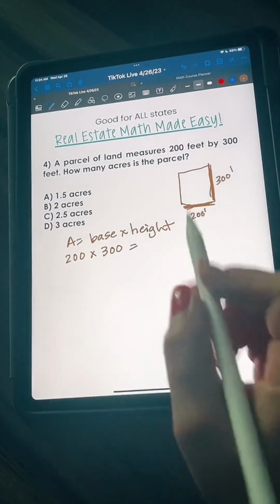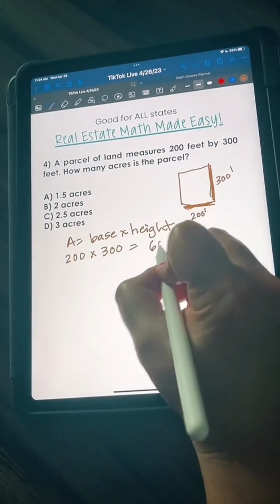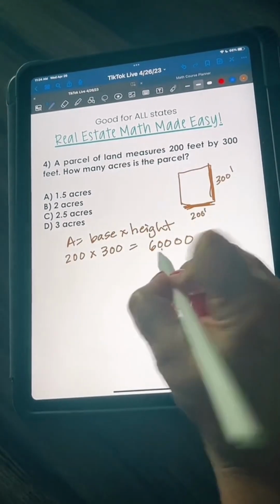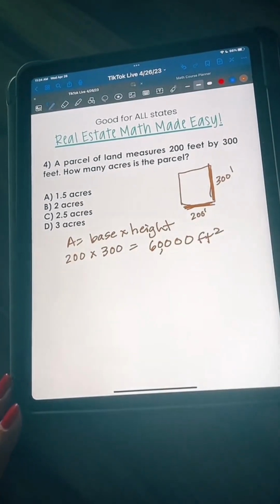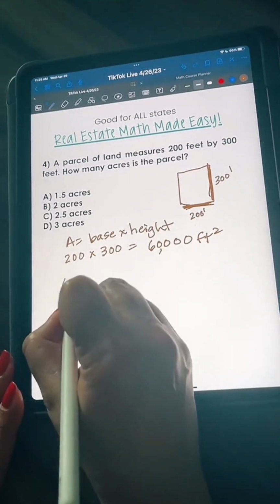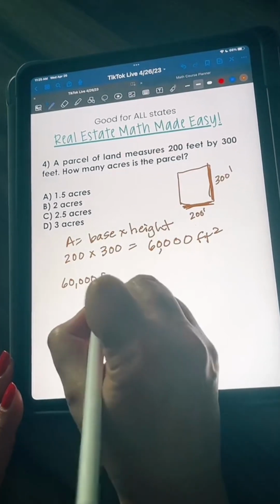So let's multiply this and we get 60,000. And that's square feet. Every time you're dealing with area it is square feet. Perimeter is just linear feet. So we have 60,000 square feet.